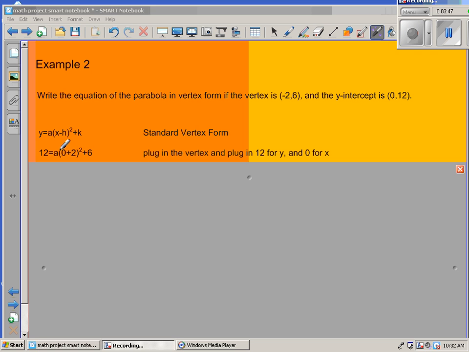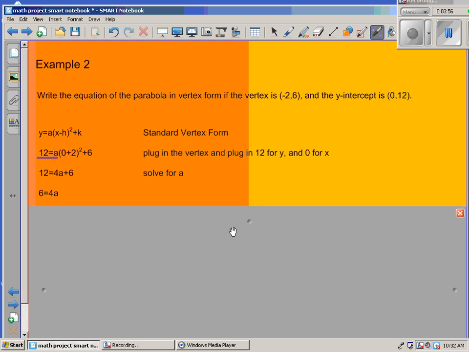So the x value is right here, so you plug in the 0, and 12 you plug in for y, which is right here. Then you want to go through and solve for a. So 6 equals 4a, and you divide both sides by 4, and you get a equals 3 over 2. But you're not done.